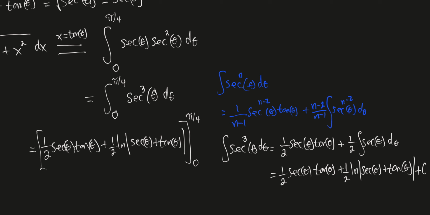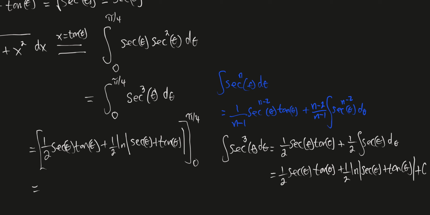Because if we didn't switch the limits, and you have the tendency to try to reverse the substitution, you would have to express all of this in terms of x, right? And I mean, it's not that difficult, but it involves using the right triangle and then figuring out all these ratios, the tangent and the secant based on the triangle. But because we've switched our limits, we can evaluate this because now everything is in terms of theta.